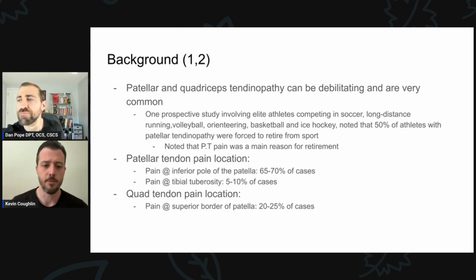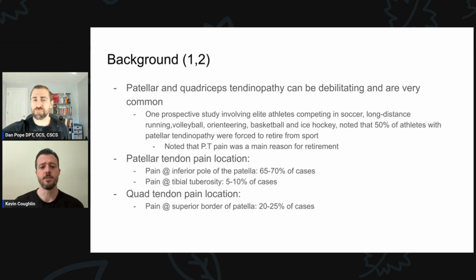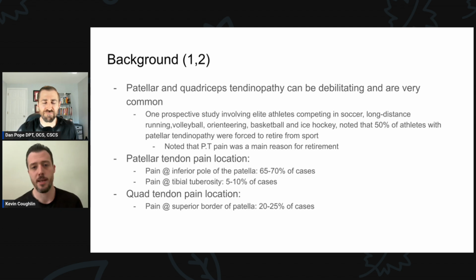We'll touch on prevalence a little more coming up. And then in terms of pain location, the patellar tendon pain is most commonly at the inferior pole of the patella. So if you palpate the patella and work your way down to the very bottom portion, that inferior pole, and you poke it pretty hard, a lot of people will have symptoms and complain of pain there.